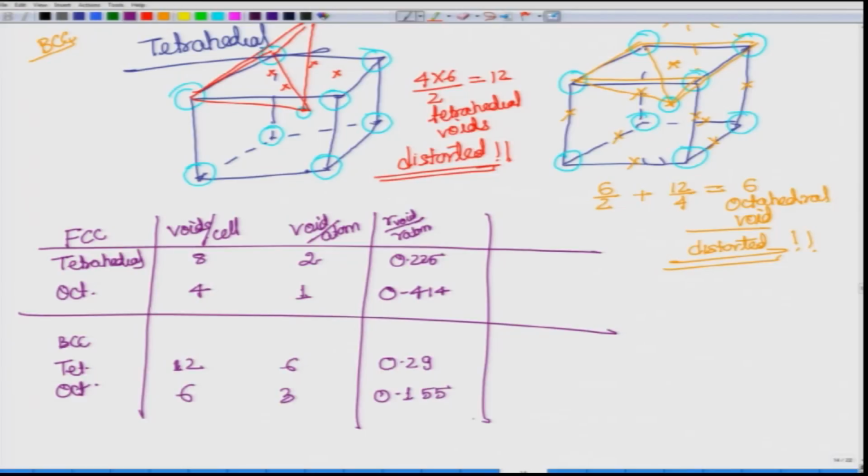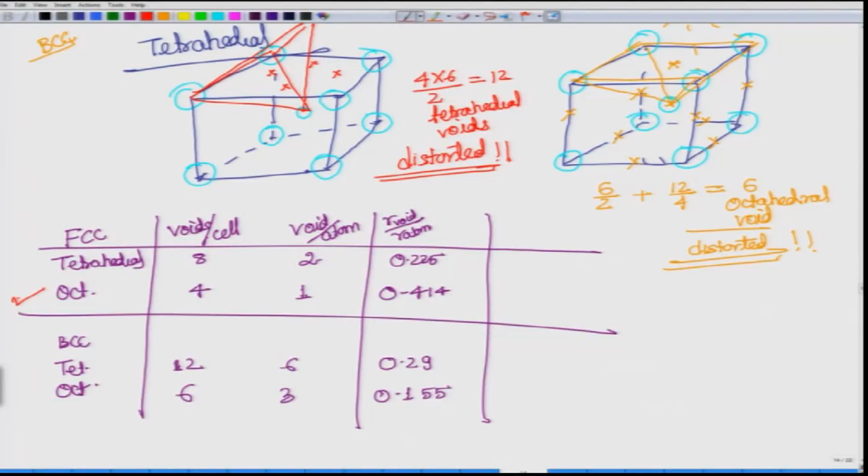Now, I will leave you with just one thought. Which one do you think the carbon atom would prefer in FCC and which one would it prefer in BCC? Here in FCC, octahedral voids are larger. This means it will be much easier, with less strain, and therefore, you would say octahedral voids would be preferred.